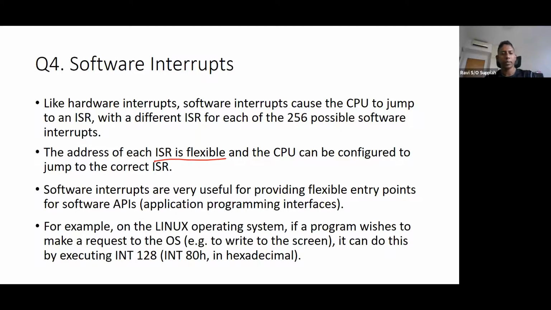So, as I mentioned just now, if you want to write something to a screen, usually you will be required to write some values into specific registers that specify the X and Y coordinate of the pixel you want to write to, and the color or value you want to write. After you put the necessary values into the registers, you trigger this interrupt and the activity is carried out by the processor.